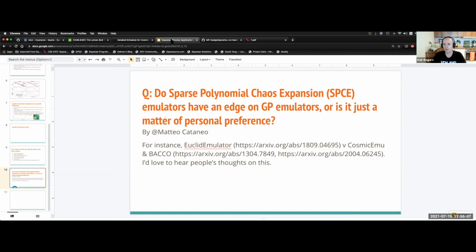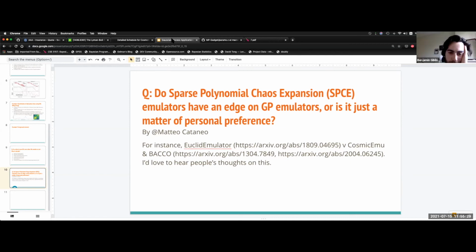That's my summary of it, but I've not used the method myself. One issue with it is that their uncertainty quantification, as I understand it, is basically just done by cross-validation. So there's no principled estimate of the error in the way that a GP does.